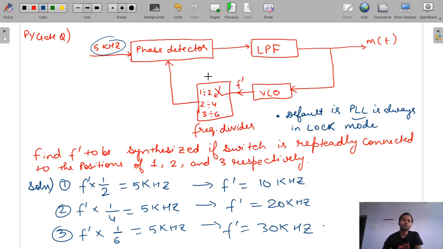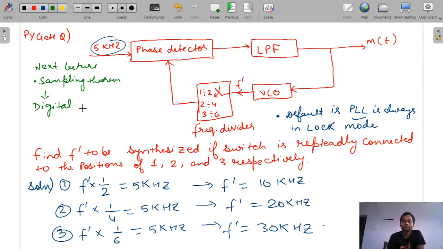So today we are going to finish here only. In the next lecture we will start with sampling theorem. See, before starting digital communication we should know how to convert analog to digital signal, and after that we will start digital communication. In that we will study first ASK, PSK and FSK. What is ASK, PSK, FSK?